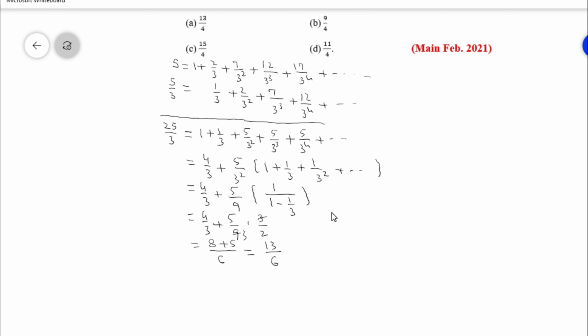This is the value of 2s upon 3. Therefore, s will be equal to 13 upon 6 into 3 upon 2. 3 से ये cancel, so this will be equal to 13 upon 4. 13 upon 4 is the answer A.